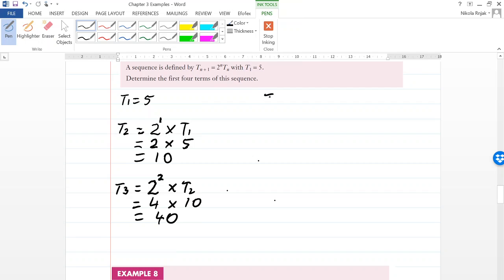Term 4 is going to be equal to, if we follow this pattern, 2 to the power of 3 times T3, which is equal to 8 times 40, which is equal to 320.